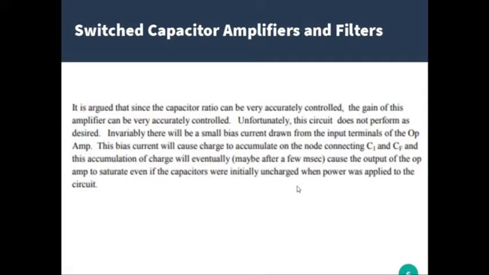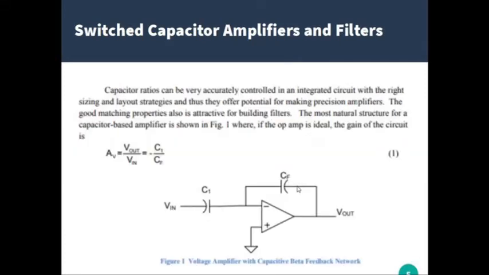So what it's trying to say is that, going back to the previous slide, this will work on an ideal op-amp. But since ideal op-amps do not exist, there are problems with this configuration.